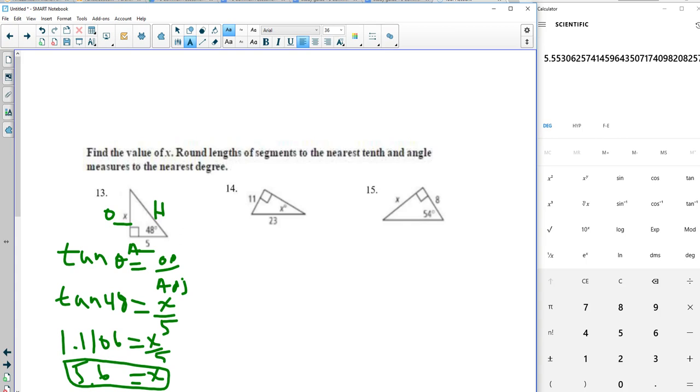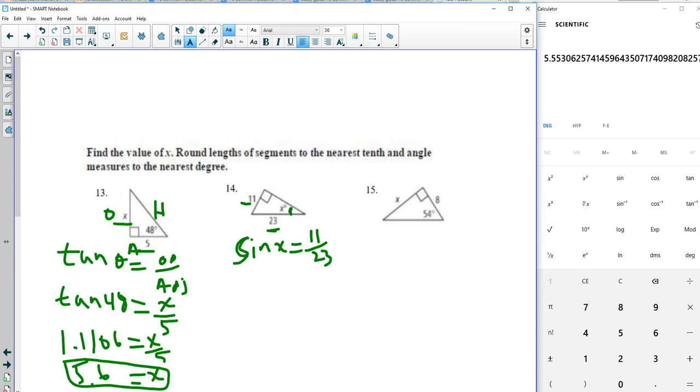Okay, in this case, x is unknown, so we know we're looking for an angle. And according to this angle, this is the opposite side and this is the hypotenuse. So sine x is equal to 11 divided by 23.